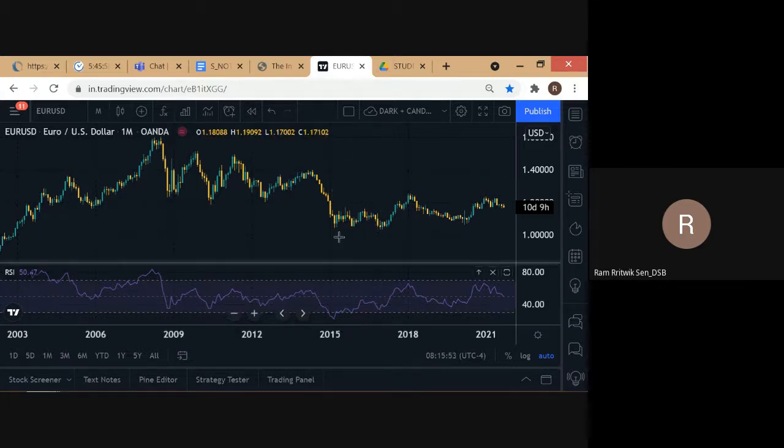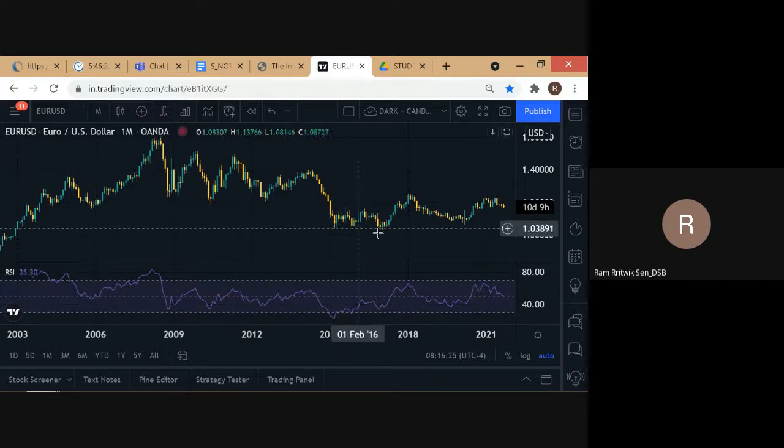Here you can see it's an oscillator, because it oscillates between two levels. The way you use it: you have one low in the euro, and this low is lower than the earlier low. But notice that the oscillator is diverging. Divergence means two roads diverged in a wood, going in different directions. There's a divergence between the asset price pattern and the oscillator pattern.